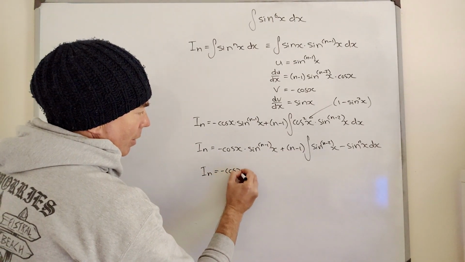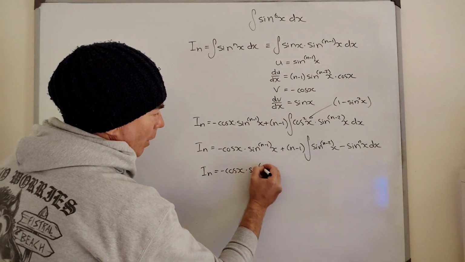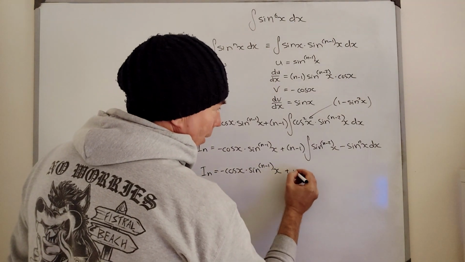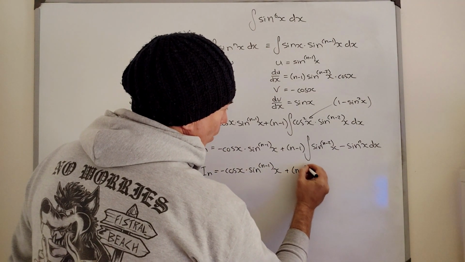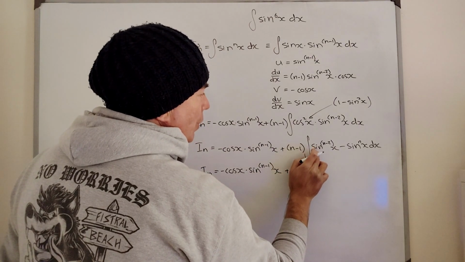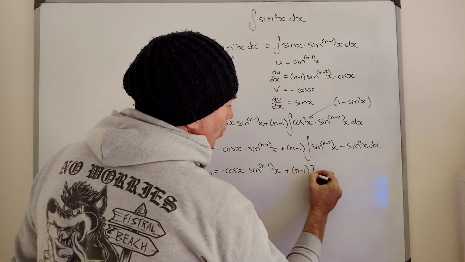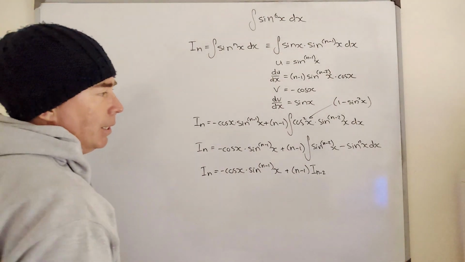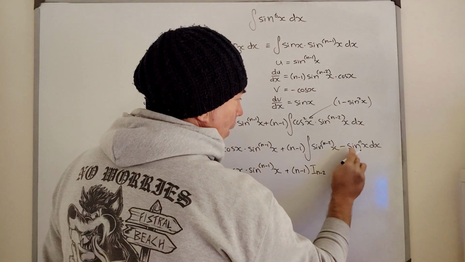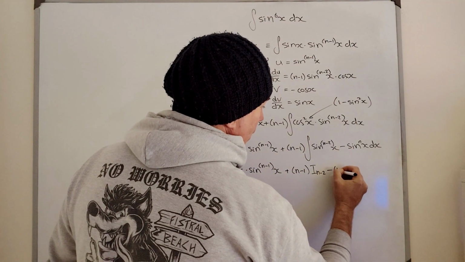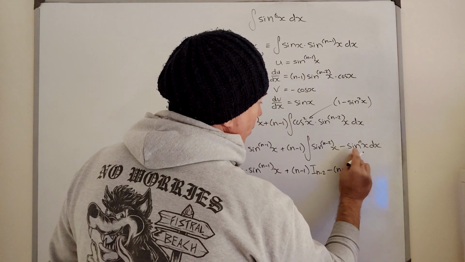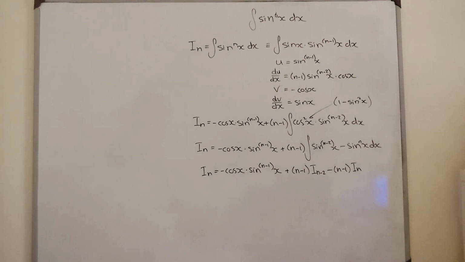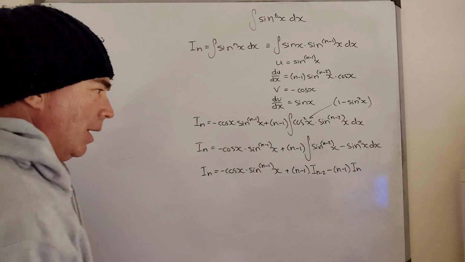equals negative cos x times, I'm getting a bit bored of writing this now, I should probably use some shorthand, times (n-1). The integral of sine^(n-2), I'm now going to just call I_(n-2) for simplicity. And likewise, I'm going to write minus (n-1) times I_n, which is actually what we're after. Okay, so luckily that's shrunk down a little bit.